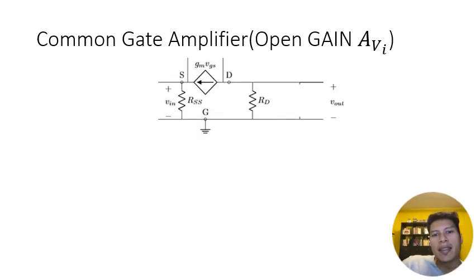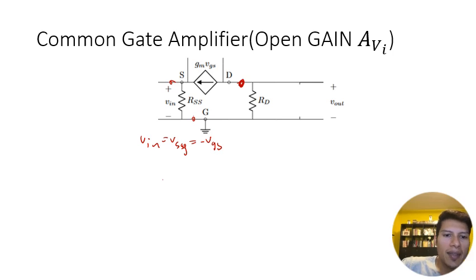Okay, so to figure out this gain, we still have that Vn is VSG. So Vn equals VSG, which is negative VGS. So now that we know that Vn is equal to negative VGS, we now apply KCL at this node.